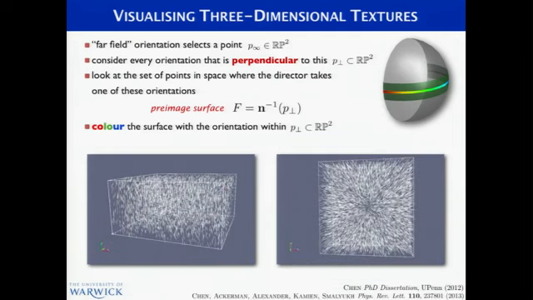Okay, so to understand what the texture is, or before I come on to telling you exactly what the texture is, some of the experts will know already. Let me give you 1 or 2 more bits of information about how to interpret these pictures. So what I want to show here is what the defects look like in terms of these colored surfaces.